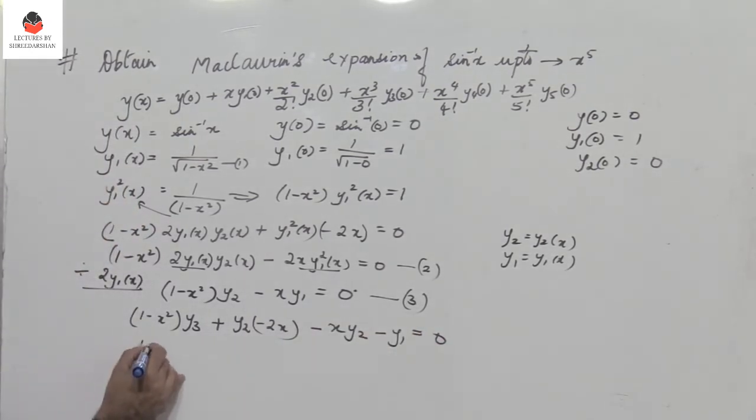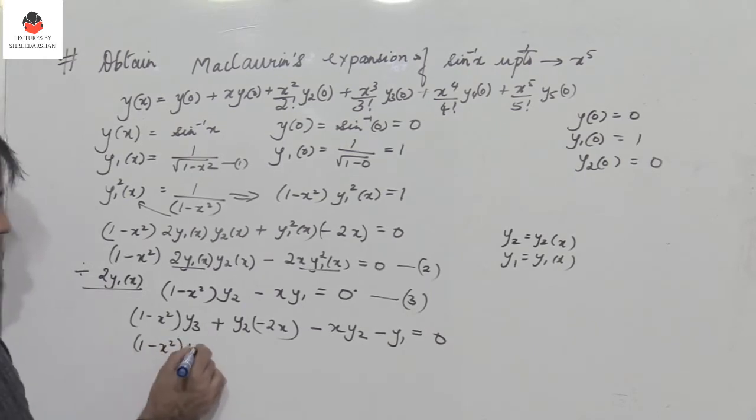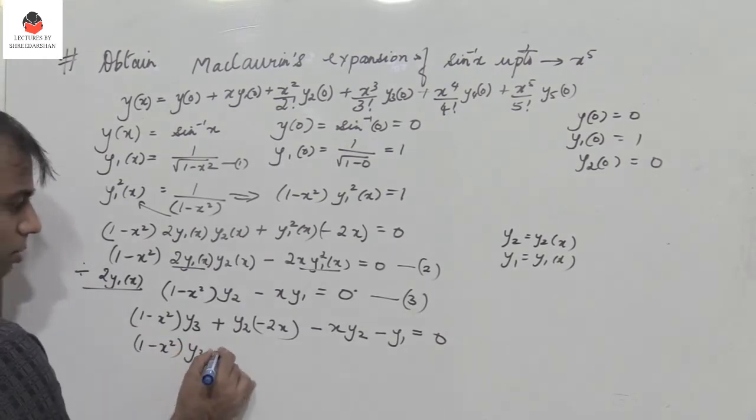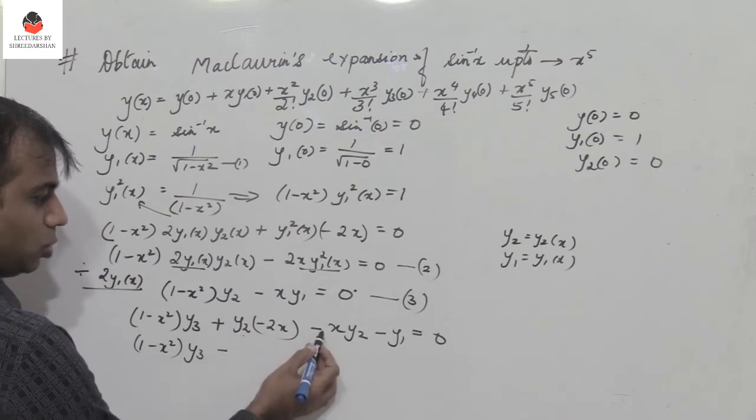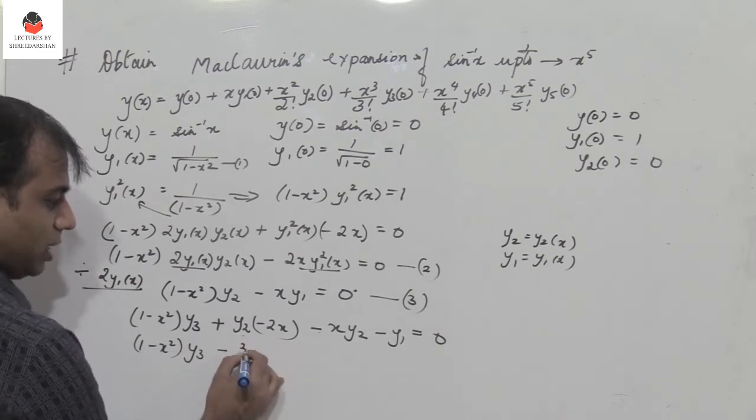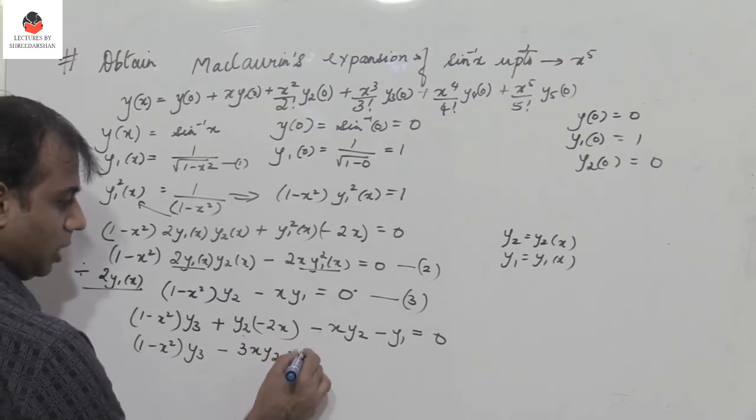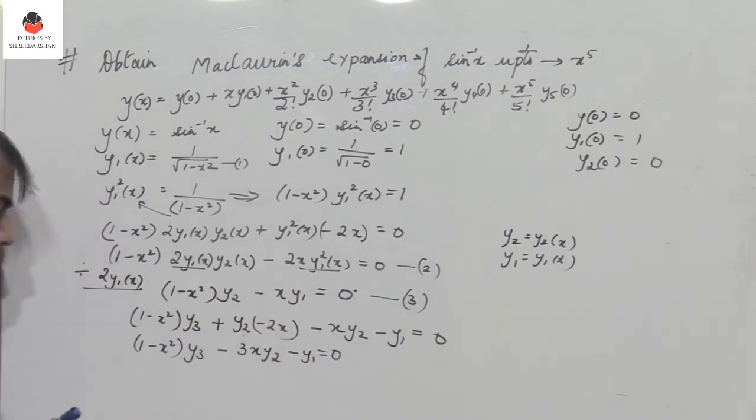So you have (1 minus x square) y3 minus, you have 2x y2, 1x y2, so it becomes minus 3x y2 minus y1 equals 0.